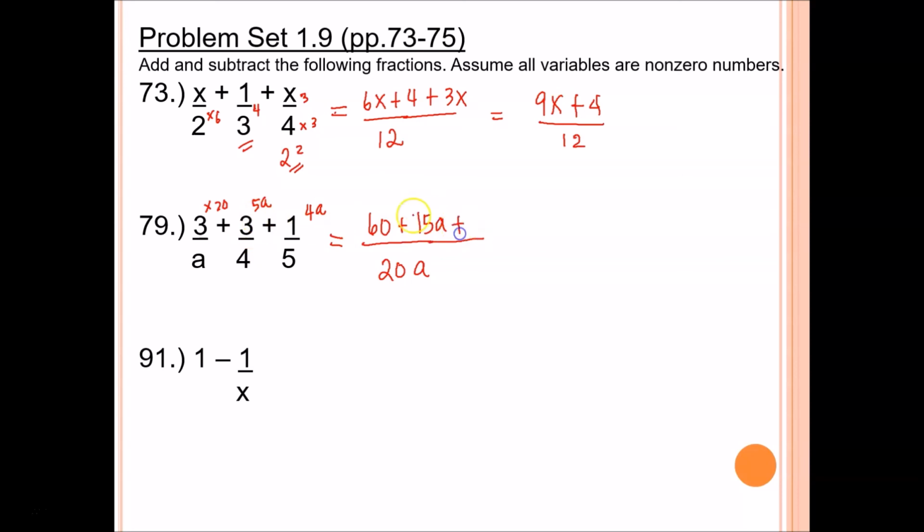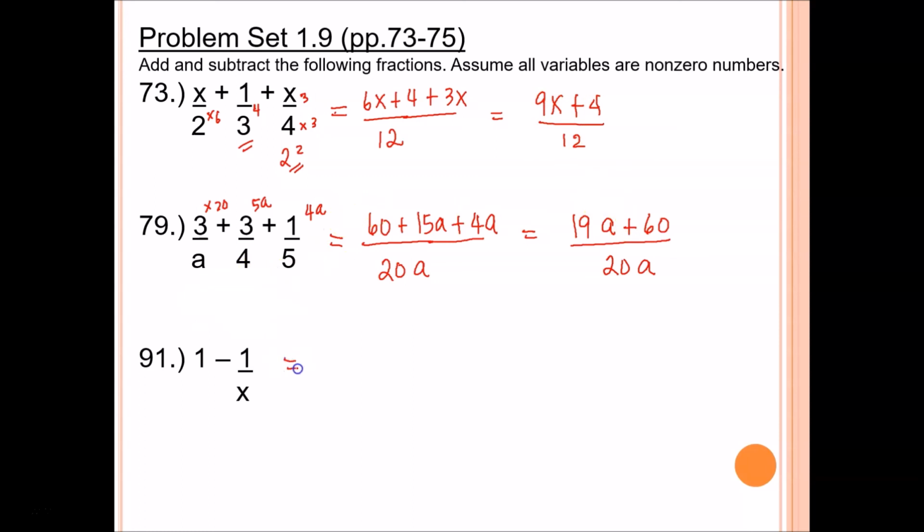And 1 times 4a is 4a. So combine like terms, 15 plus 4, that will be 19a plus 60 all over 20a. Now remember, you cannot combine these two terms, okay, because they are unlike terms. Same thing with 9x and 4. So you just leave it like that.